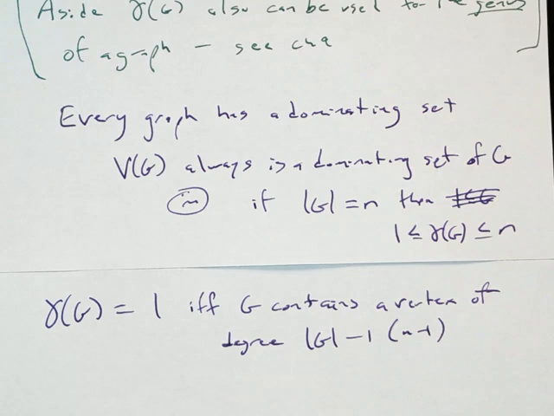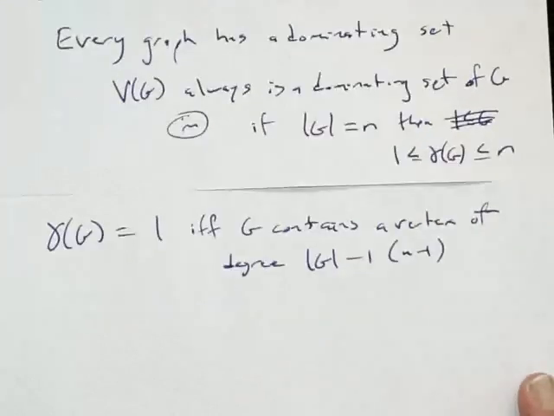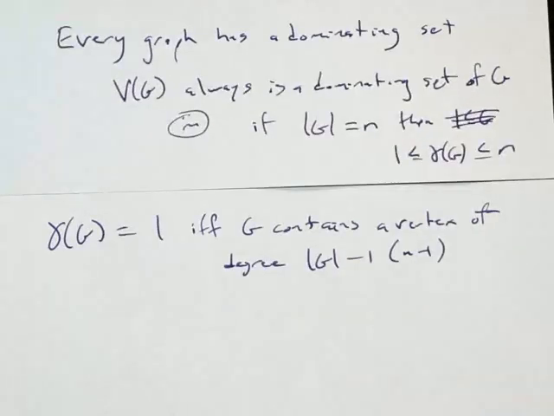Its closed neighborhood is every vertex. And therefore, I know what my minimum dominating set is. It's the vertex of degree n minus 1. It's any vertex of degree n minus 1.